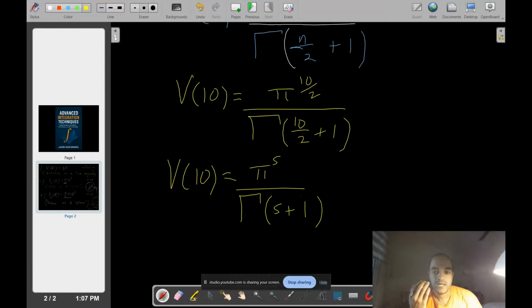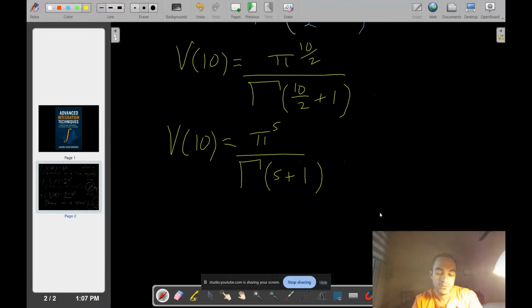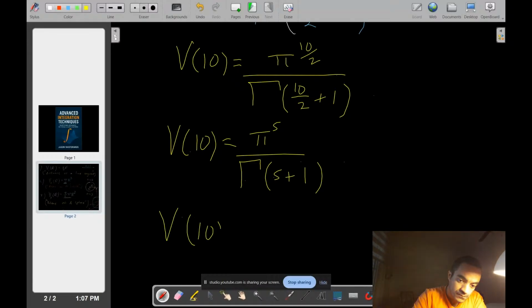As you can see, I'm doing everything slowly, step by step. Even though I could have calculated everything in one go, I'm doing it slowly just to show you all of my steps. Now, V of 10 would be pi to the 5th power, all divided by the gamma function of 6.